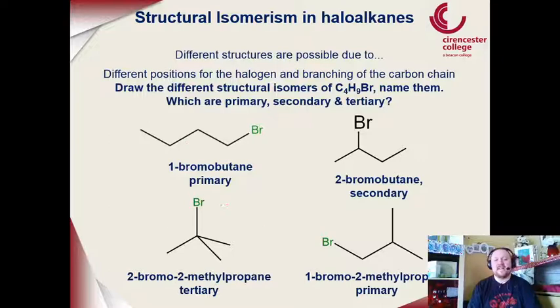We can see that all of these have the formula C4H9Br, and they have different structural formulae. So this one would be 1-bromobutane, 2-bromobutane, 2-methyl-propane, and 1-bromo. Oh my goodness, there's lots of them. It's worth knowing that you have to be able to name them and identify them.